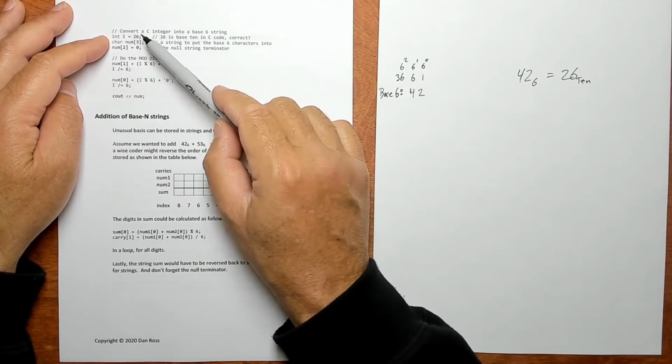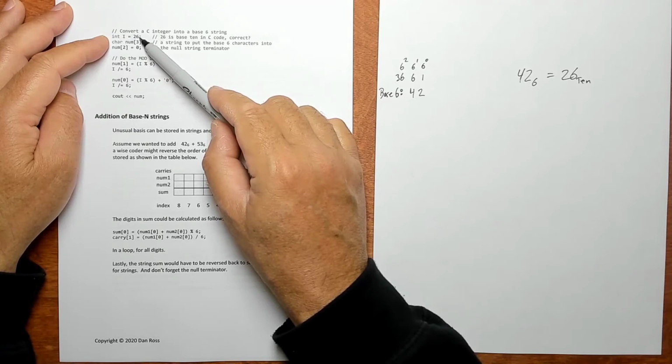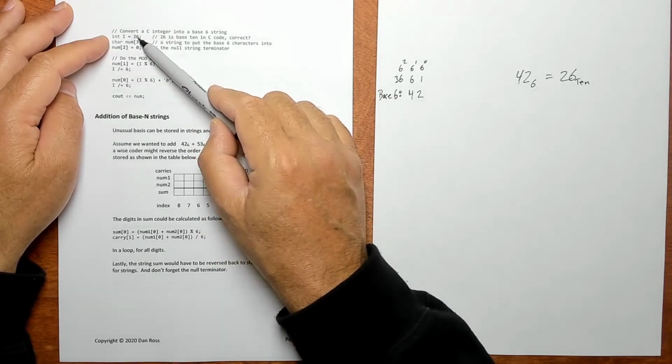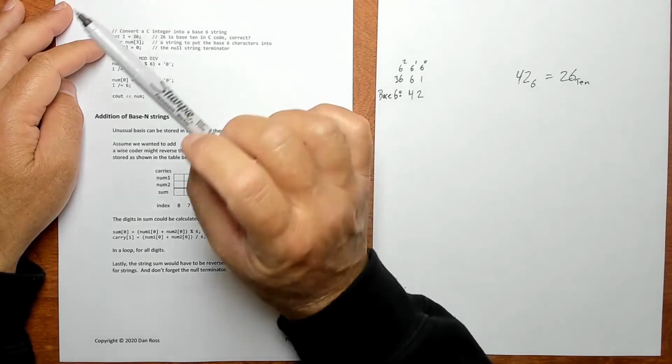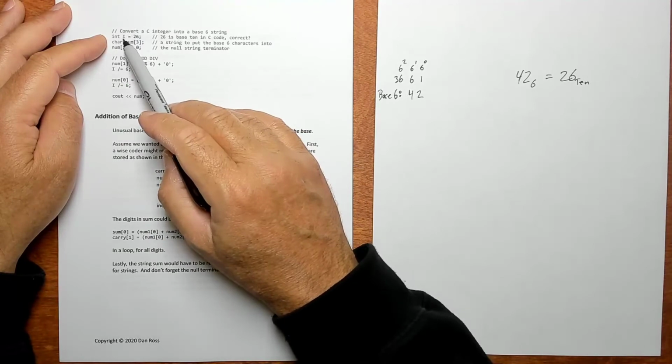But when this is compiled, those characters 2 and 6 are interpreted as a base 10 number. So the compiler is doing this conversion for you from string representation to a base 10 number. Now it's a little bit weirder than that, because we know that in the memory location for an integer, it's really stored as binary.